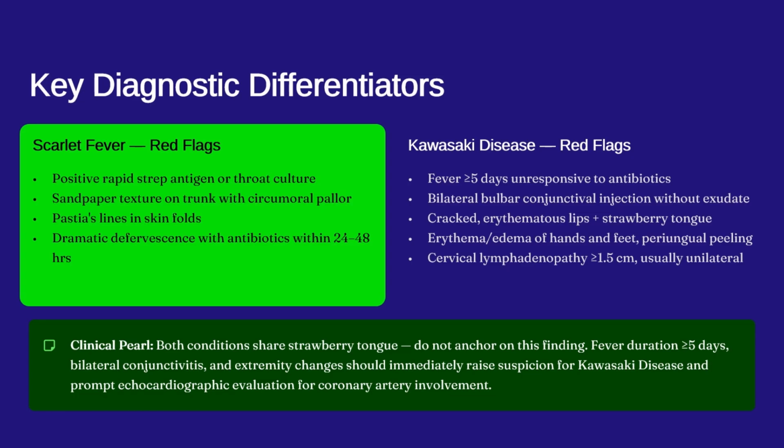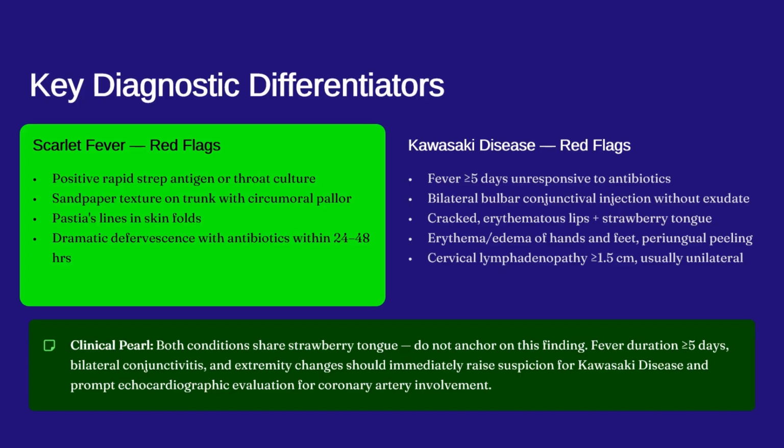So for scarlet fever, what are the red flags? The positive rapid strep antigen or strep culture, the sandpaper texture on the trunk with the circumoral pallor. And you see for Kawasaki disease, they have that fever greater than 5 days and they are unresponsive to antibiotics.